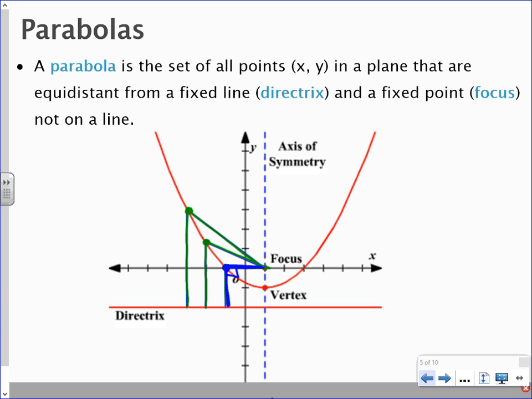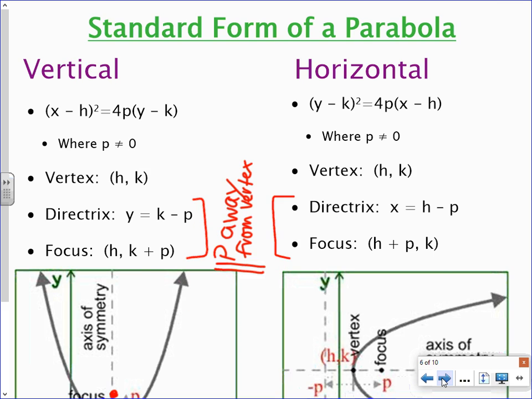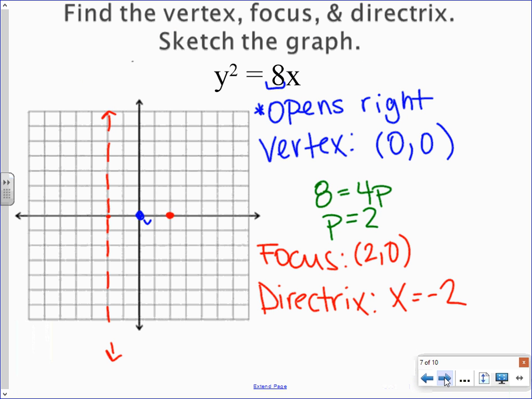Right? That'll happen on every parabola. Okay? I know where that's going to happen. It's always going to happen when we move 2p away. So what we're going to do, we're going to take our focus and we're going to move 2p away from it to draw a coordinate.